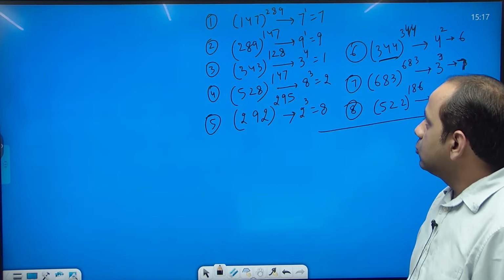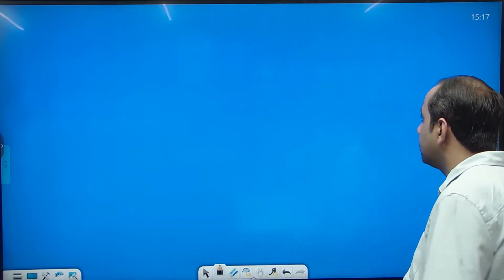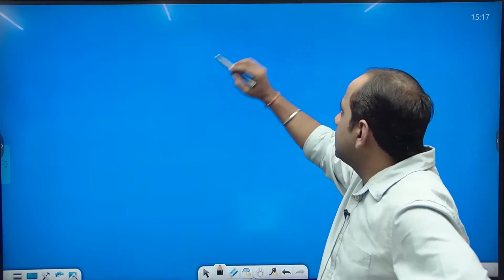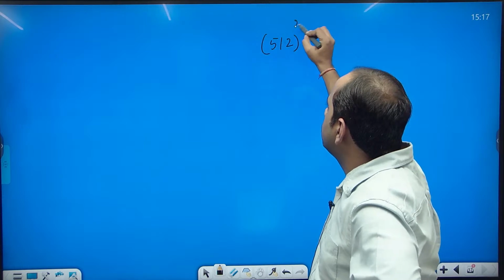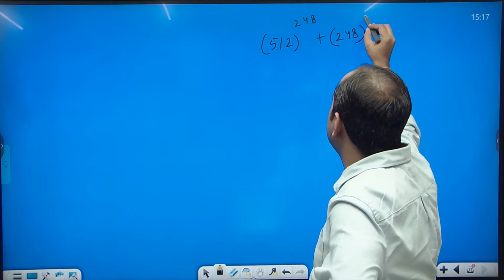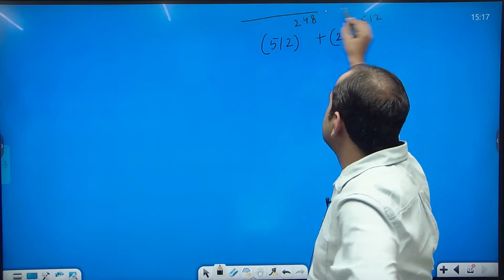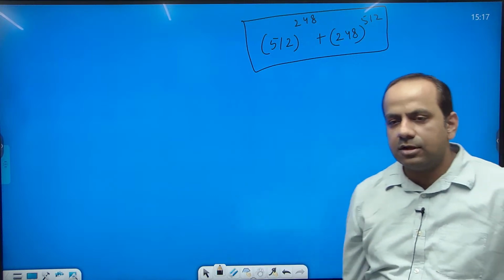Okay, let's move ahead to where it will take more than 30 seconds. If I ask what the unit digit will be for 512 to the power 248 plus 248 to the power 512, I need to find the unit digit for this expression. You can do this. Tell me your answer.